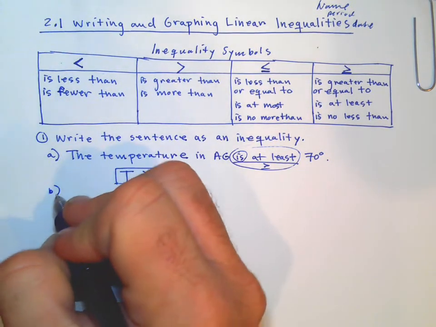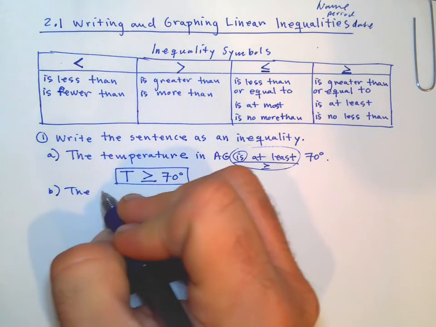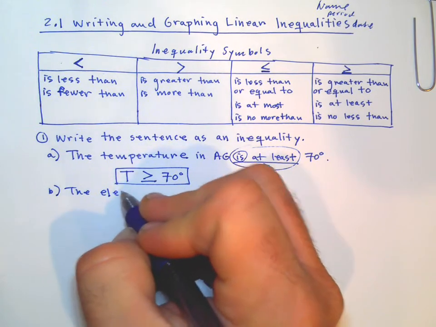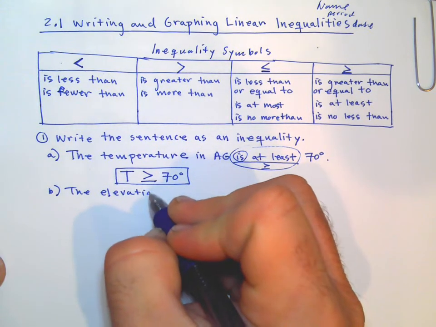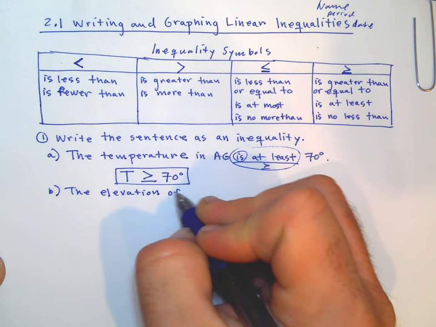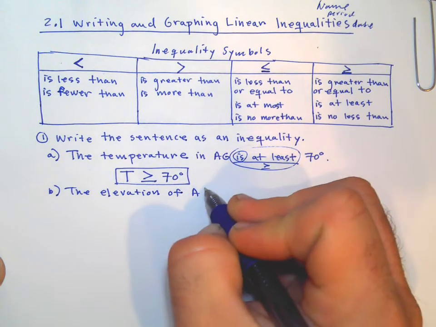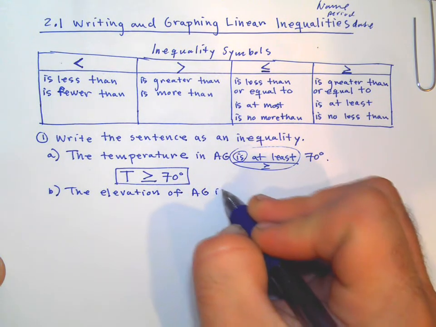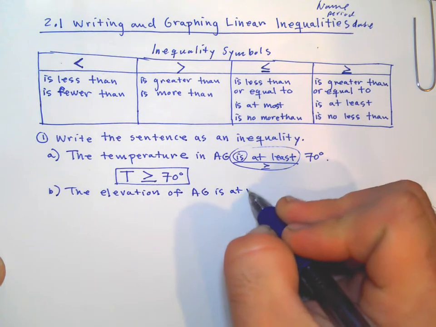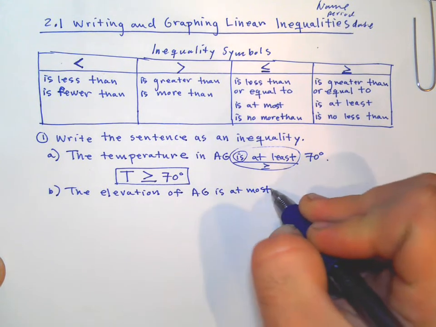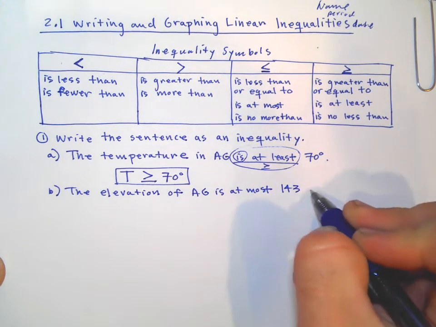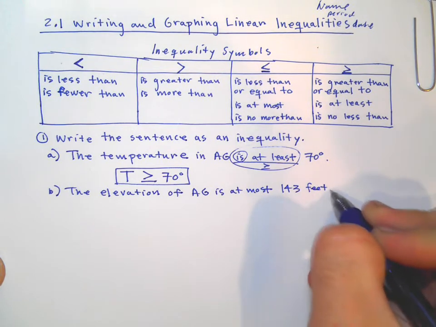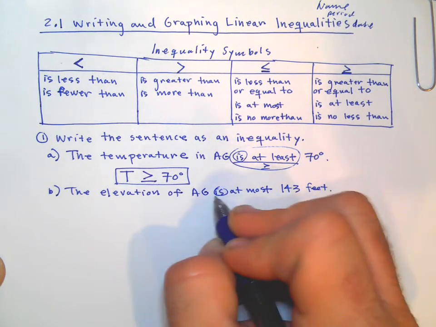Let's do another one. The elevation of AG is at most 143 feet. So I'm giving you some of the more weird ones. Is at most.